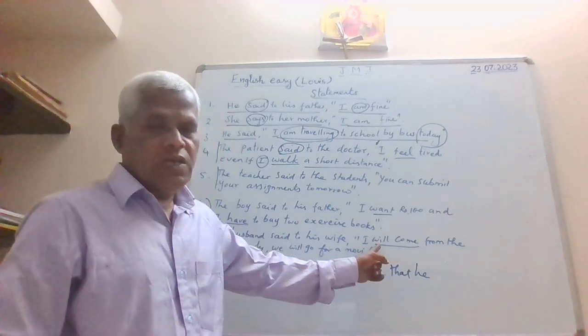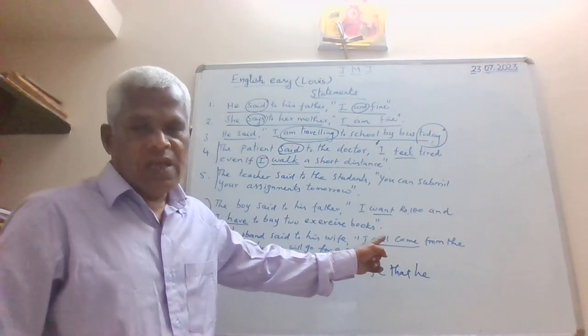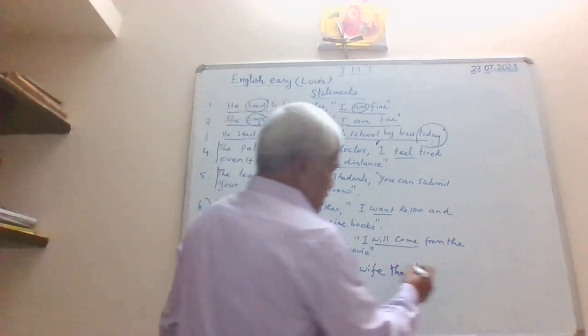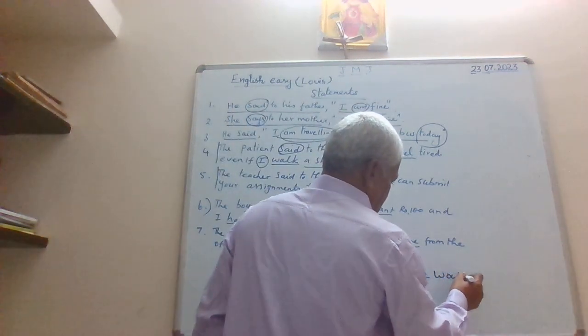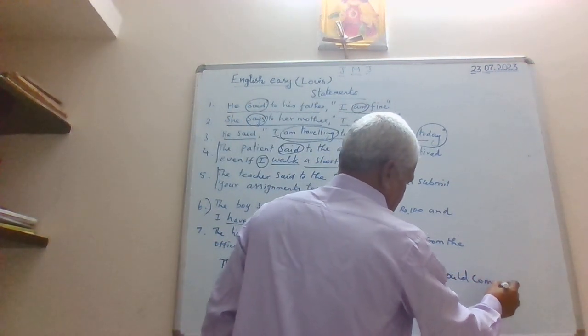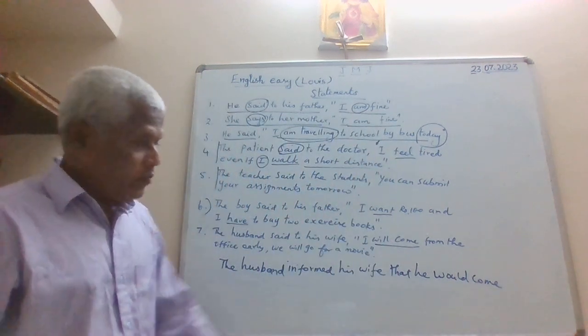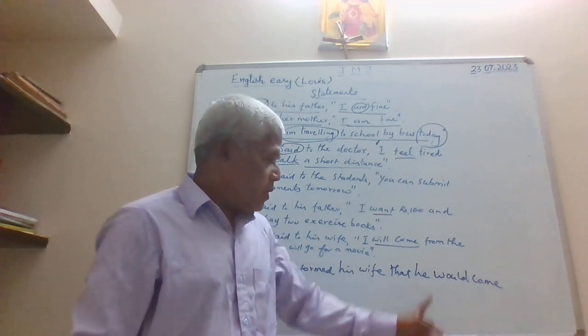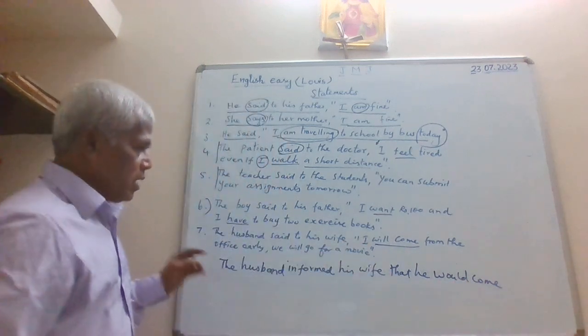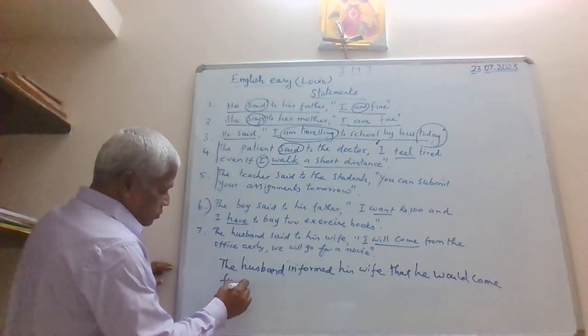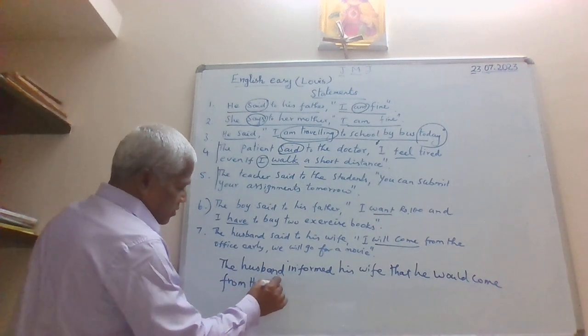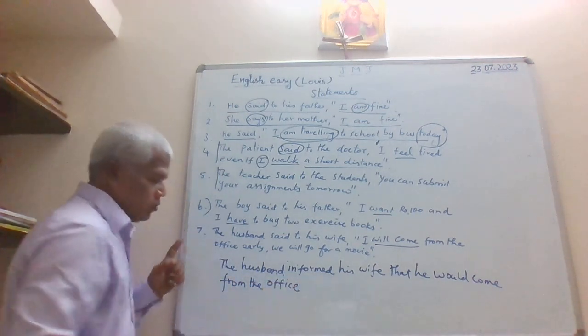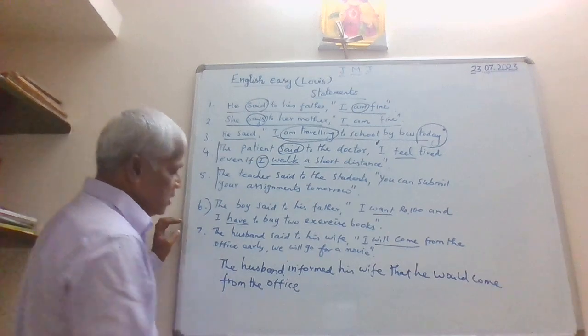Will becomes would. So you can take this as a present verb. Will becomes would. Okay, that he would come. Remember, after writing would, could, should, you write only the present verb. Would come from the office. Would come from the office early.